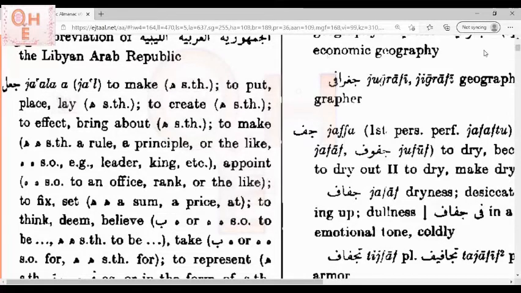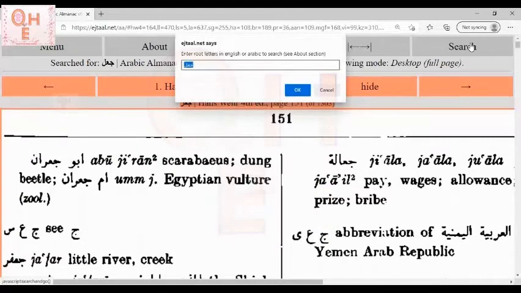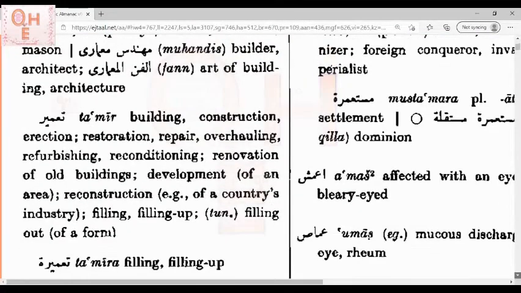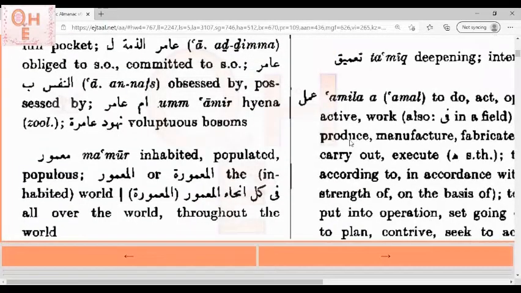Okay. Let's go over our third set of root letters. Our third set of root letters were Ain, Mim, Lam. Okay, let's find Ain, Mim, Lam. Over here we see Ain, Mim, Lam.